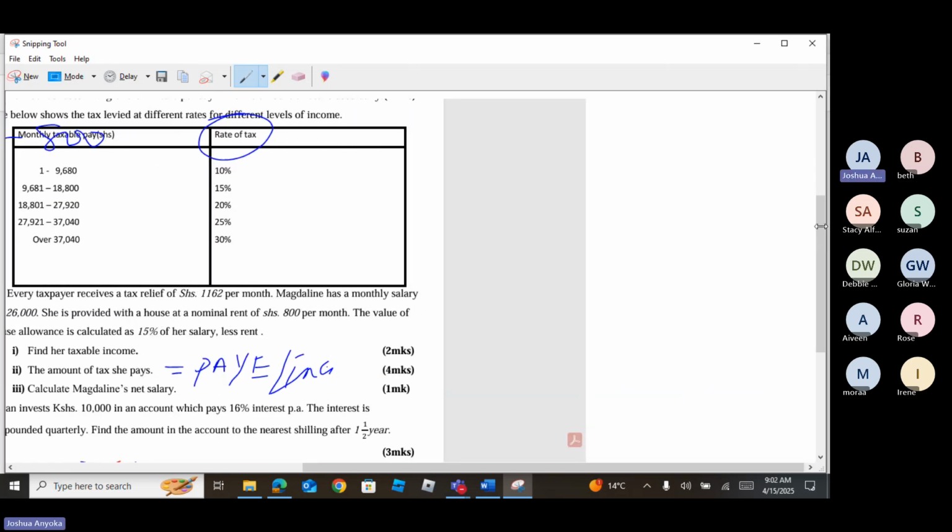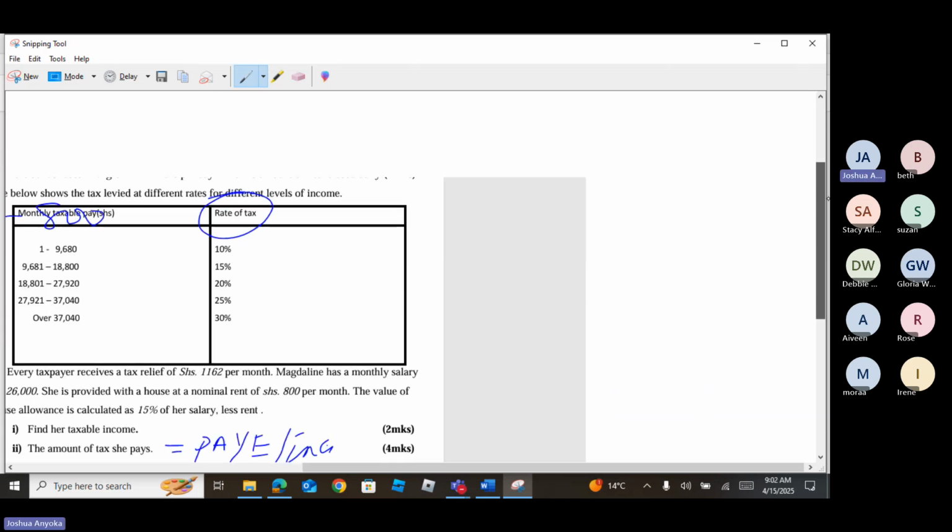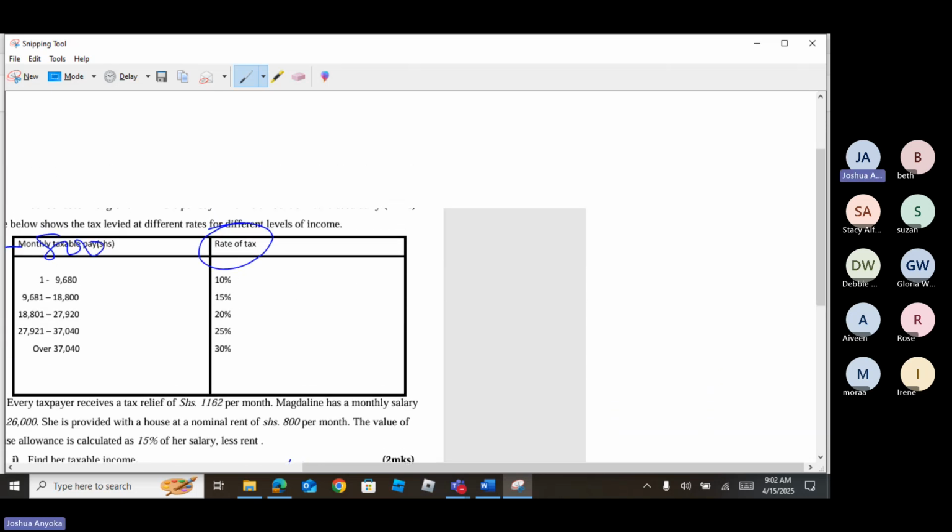The process of taxation: you identify where our amount lies. 29,100 is lying in this band. So we start with the first band, which is 9,680 times 0.1, that is 968.